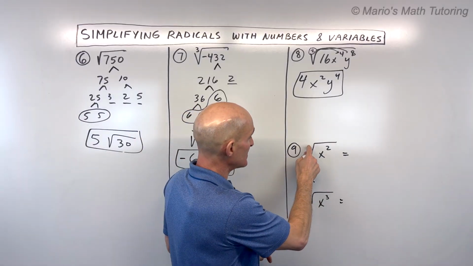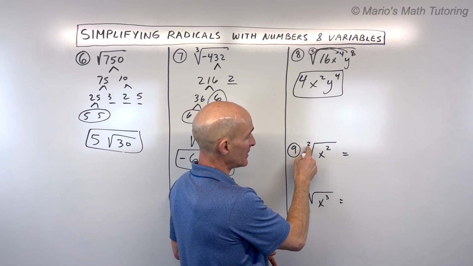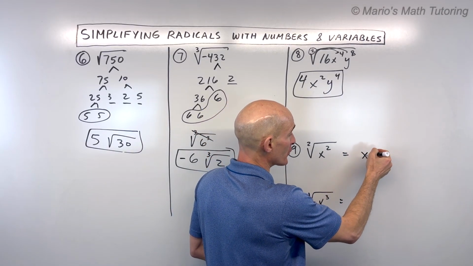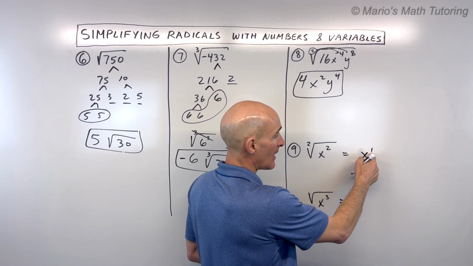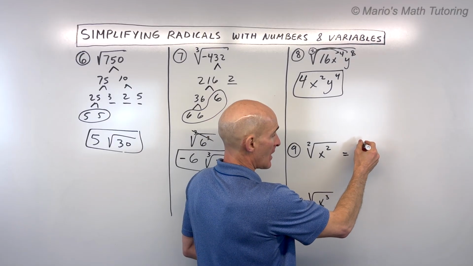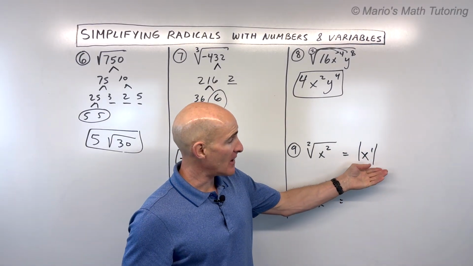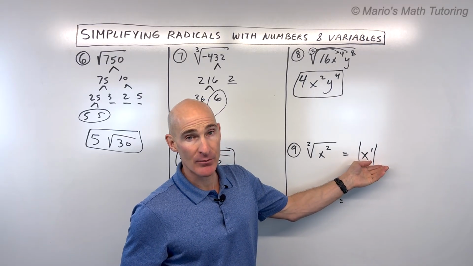In this case, this is understood to be a square root, or an index of 2. The square root of x squared is going to give me x to the 1st. See how it comes out to an odd power, an odd exponent? I'm going to have to use the absolute value bars here to ensure that my answer is positive. That's the principal square root.